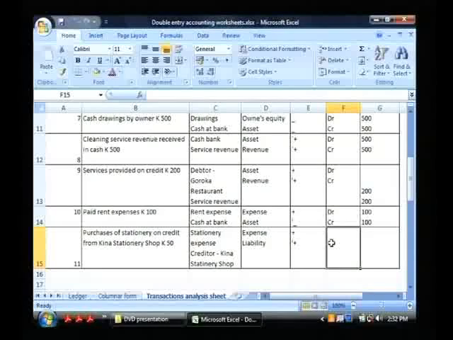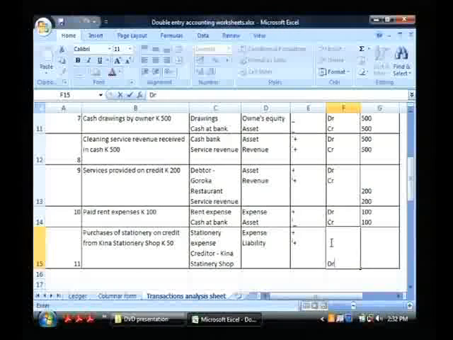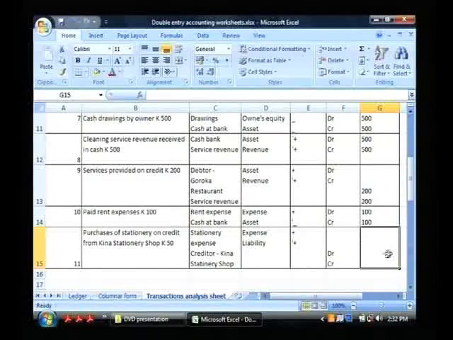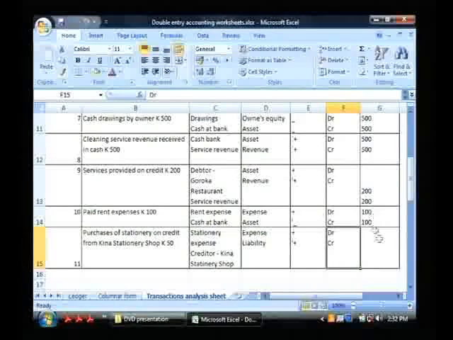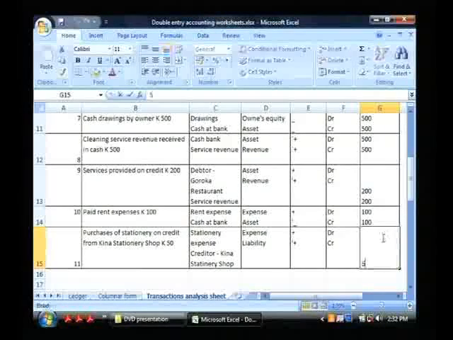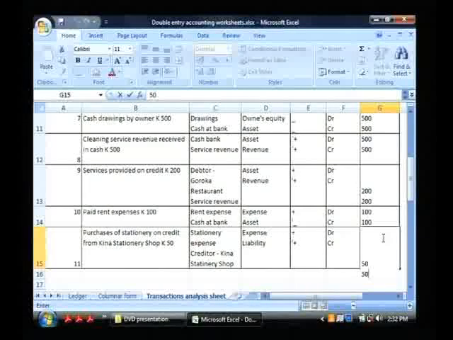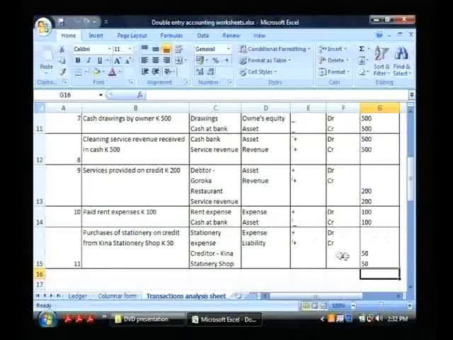And increase of expense, debit; increase of liability, credit. And the amount involved is 50 kina, therefore in both places it is 50 kina.